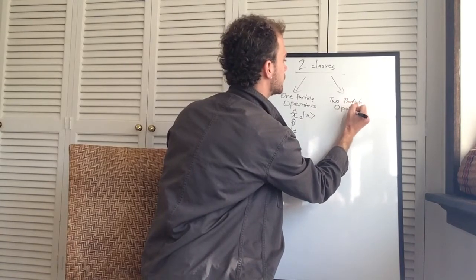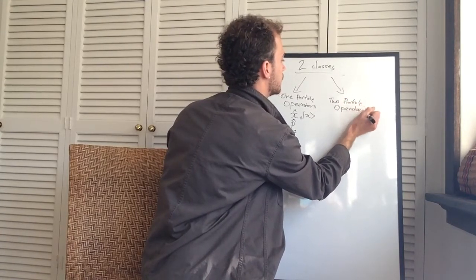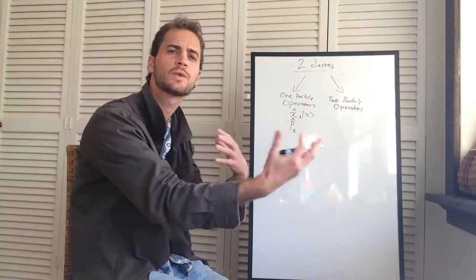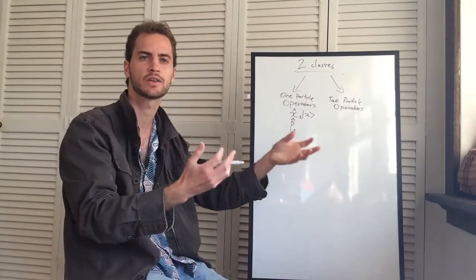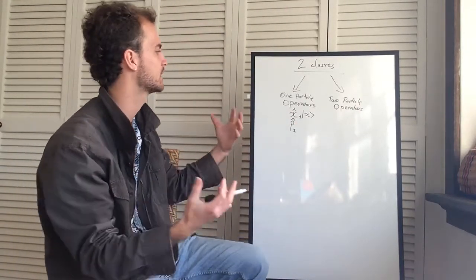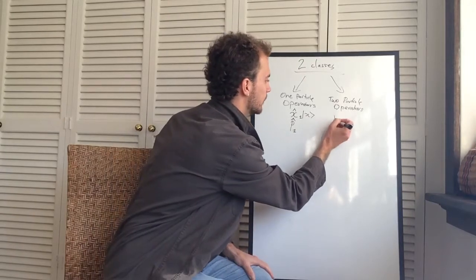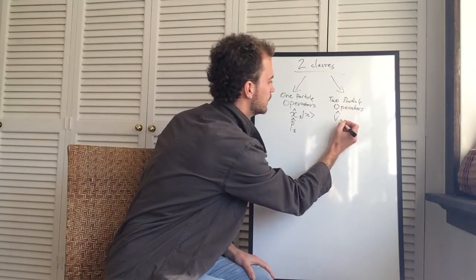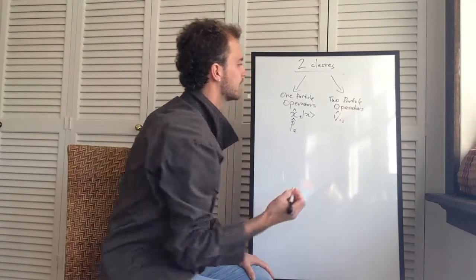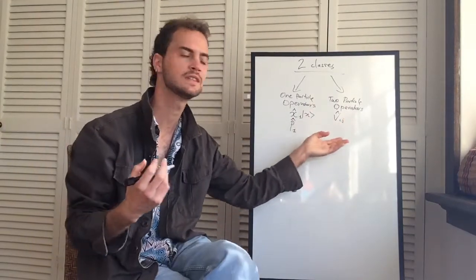And these encode interactions between particles in the system. An example is the Coulomb potential operator, and that has two indices.